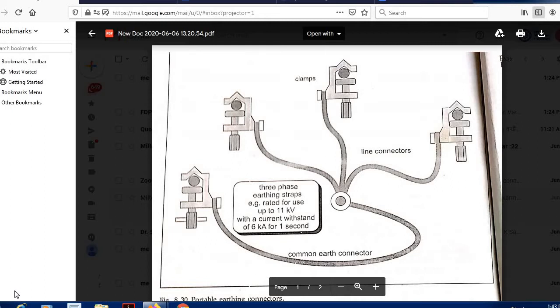First section talks about what type of work you are going to do on that circuit. The second section declares where the electrical isolation and earthing has been applied.